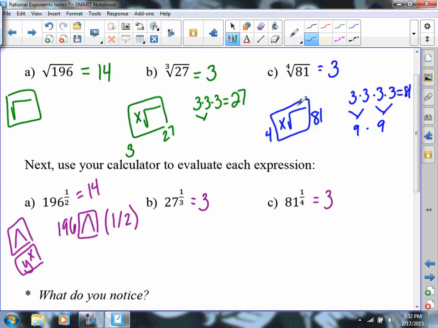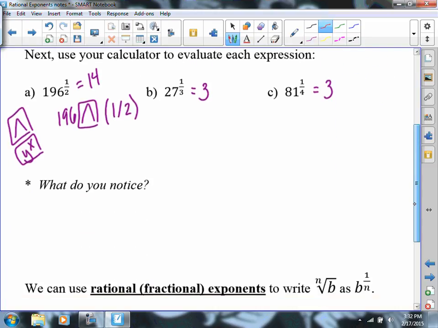And the 4th root gives us 1/4. So that's our observation, that you can actually rewrite a root or a radical as a fractional exponent. And the root that we're taking is going to be the same as the denominator in our fractional exponent.